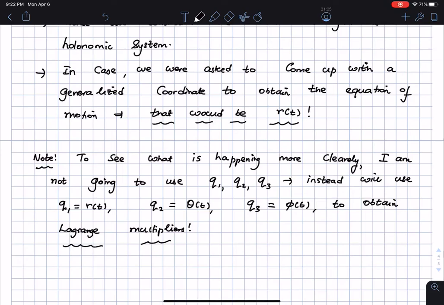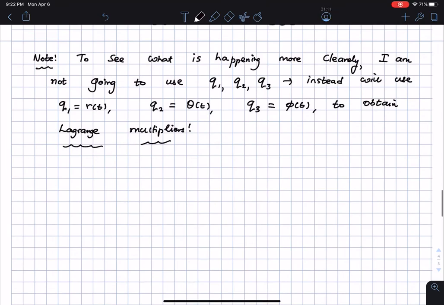To use the Lagrange formulation, we first of all need the kinetic energy and the potential energy. So let us next obtain the kinetic energy and the potential energy for the particle.